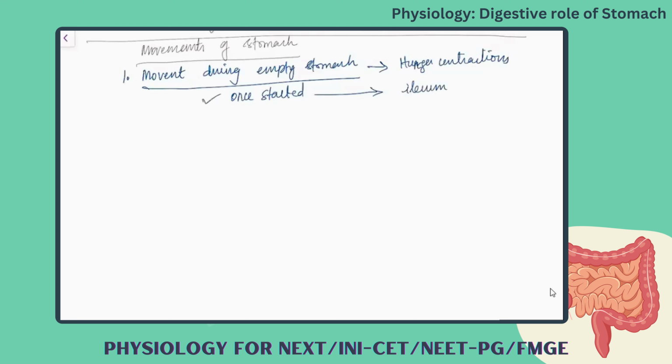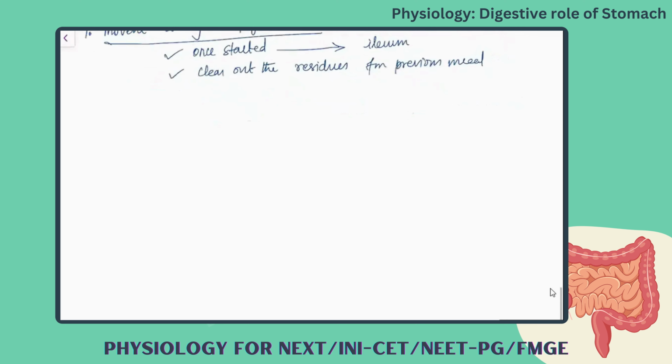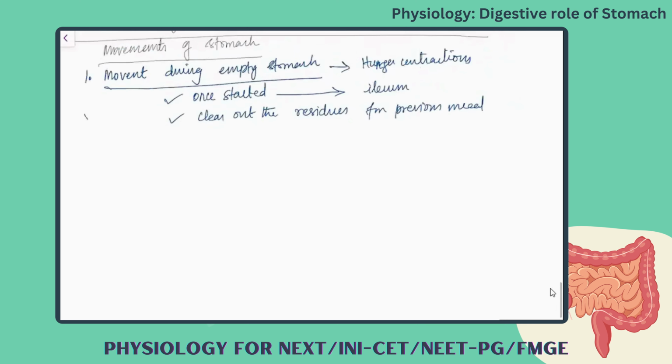This kind of movement is mainly to clear out the residues from the previous meal. So this is the movement before the intake of a meal, and they are called hunger contractions.